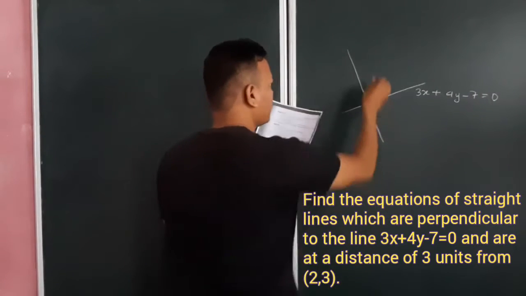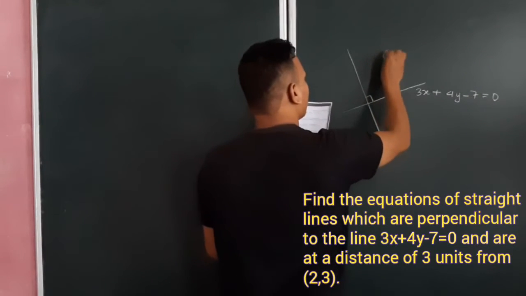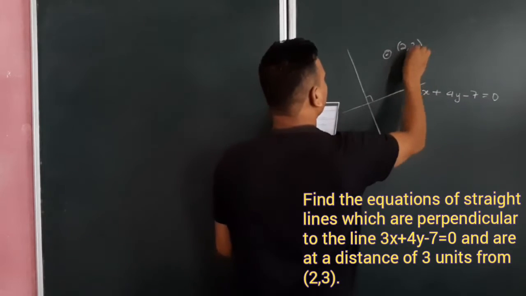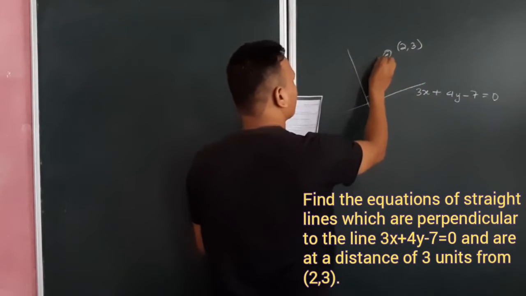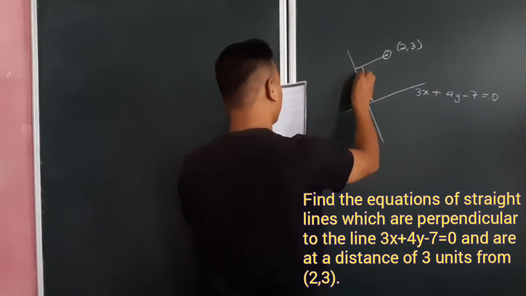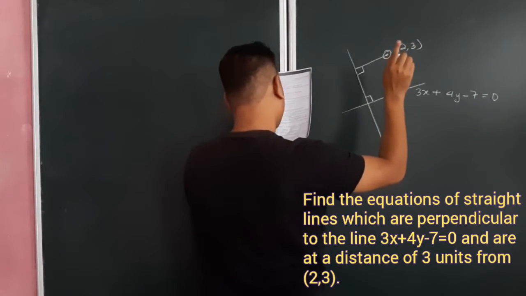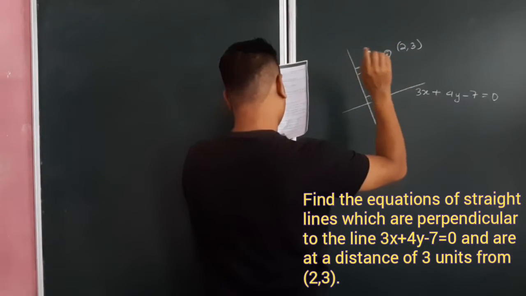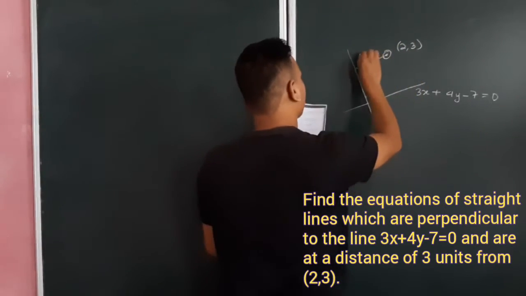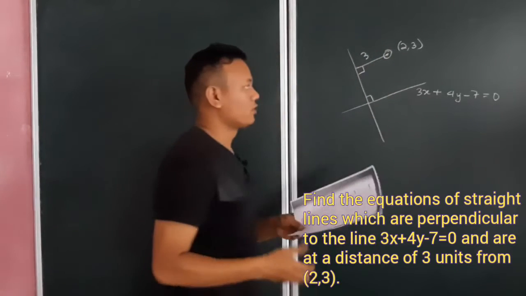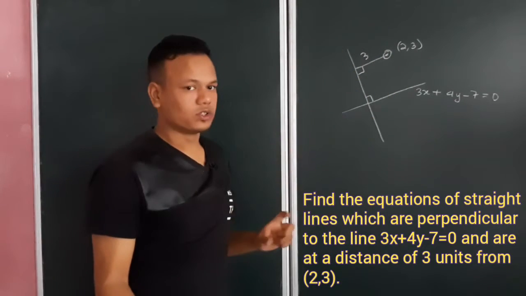So if this is my point (2, 3), then the distance of this line from (2, 3) is given to be exactly 3 units. We need to find the equation of this line.